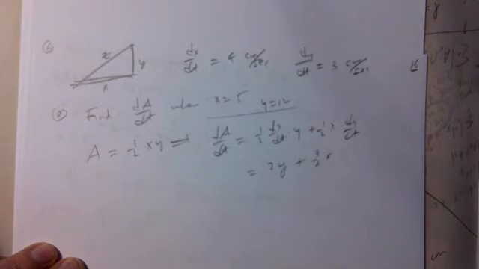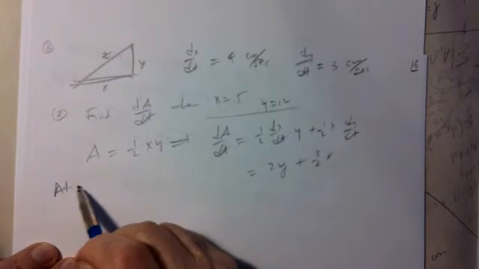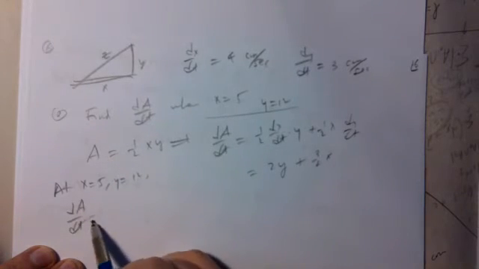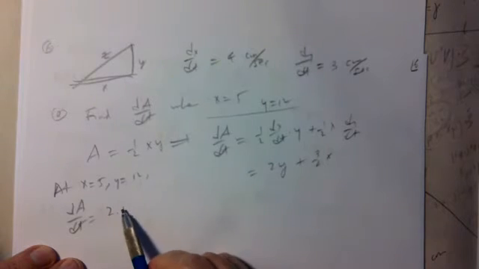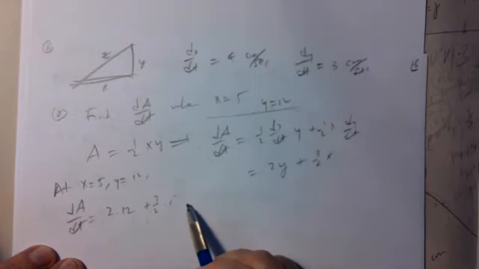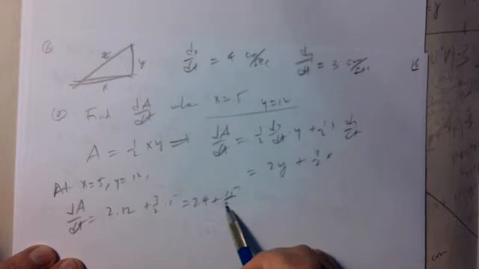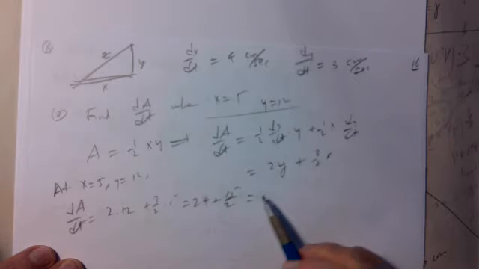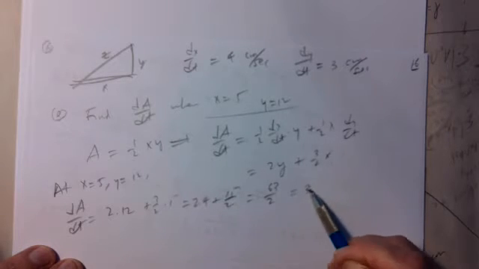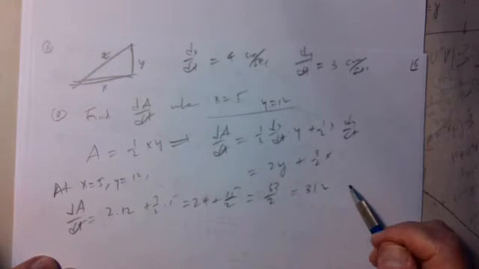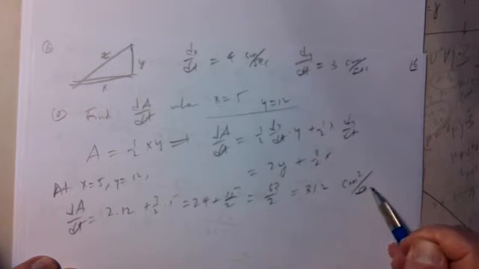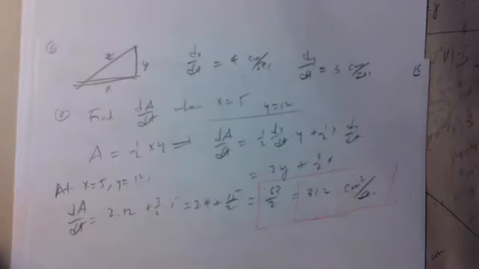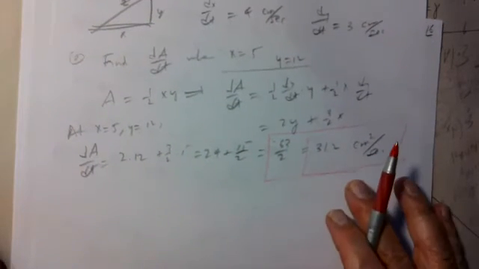So when x is 5 and y is 12, the rate of change of the area is 2 times 12 plus 3/2 times 5. That's 24 plus 15/2. So that is 48 plus 15, which is 63 halves, or 31.5 square centimeters per second. So that's the answer to part A.